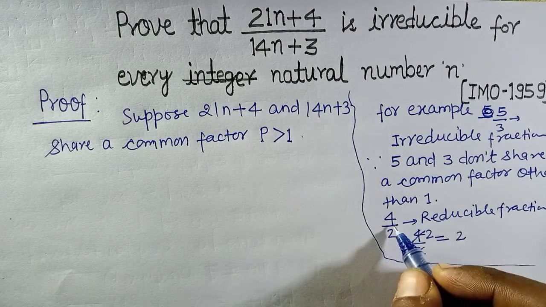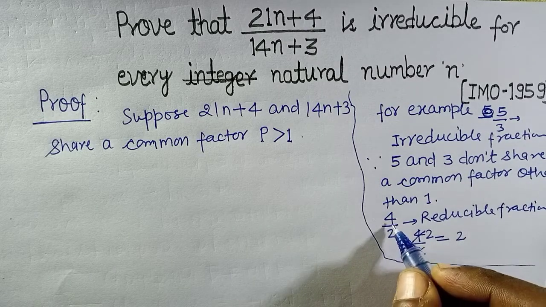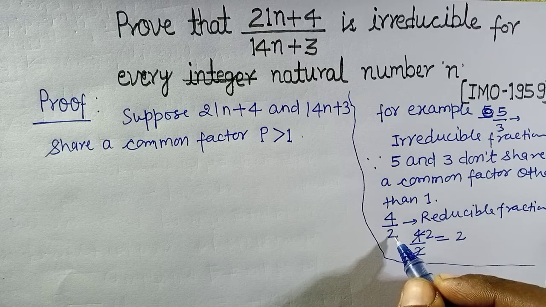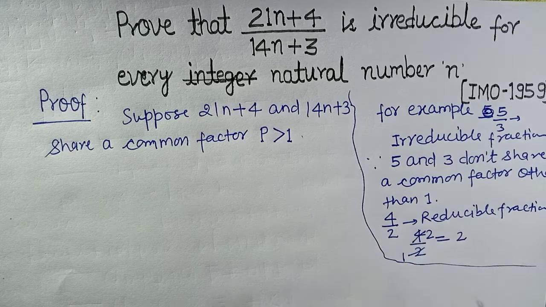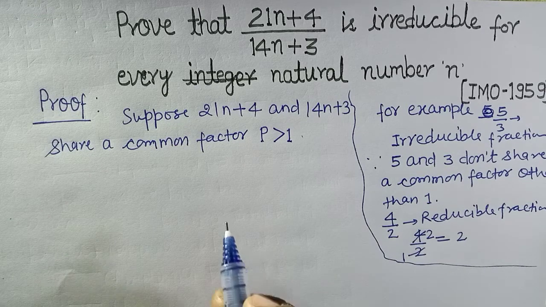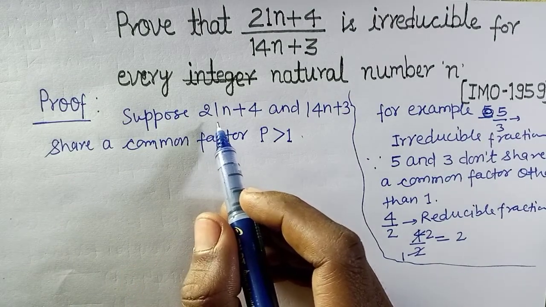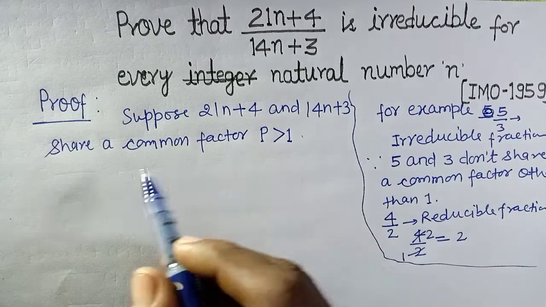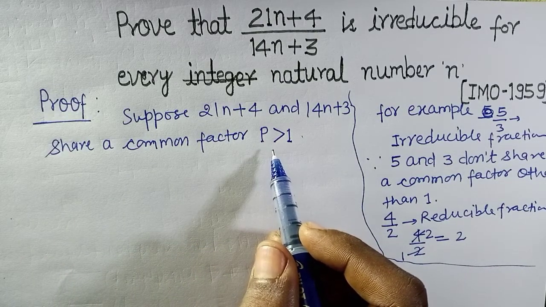Here we can see 4 over 2 is a reducible fraction, since 4 and 2 share a common factor, that is 2, and 2 is greater than 1. So we assume that 21n + 4 and 14n + 3 share a common factor p, which is greater than 1.